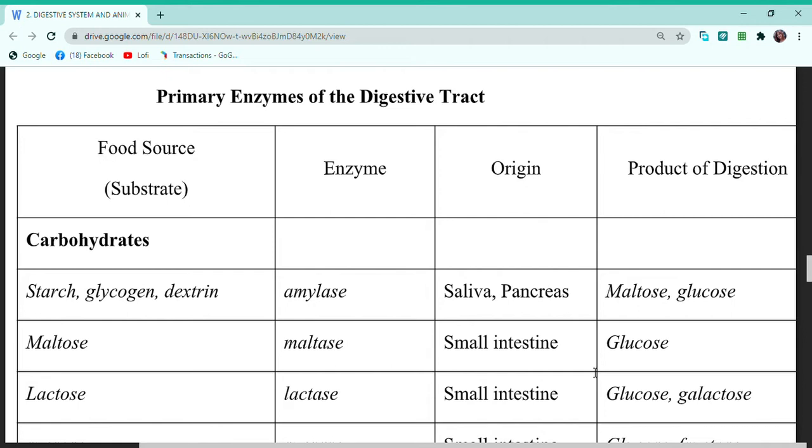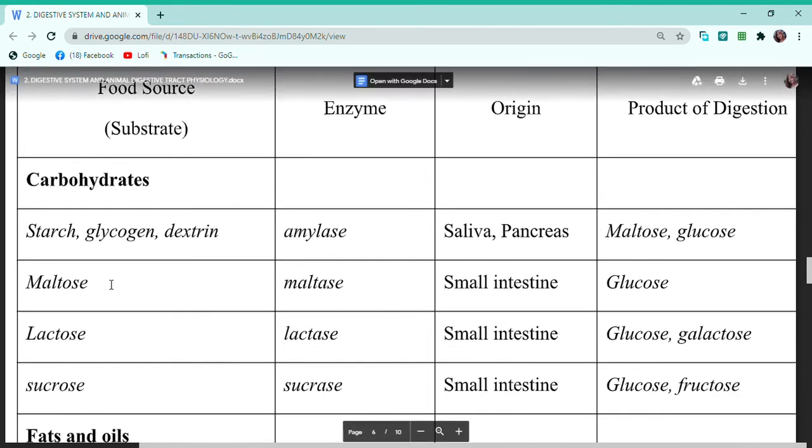If dextrine, glycogen, and starch are acted upon by amylase, the product of digestion would be maltose and glucose. And if the substrate of the carbohydrate is maltose, it will be acted upon by maltase from the small intestine. And so the product of digestion is the glucose.